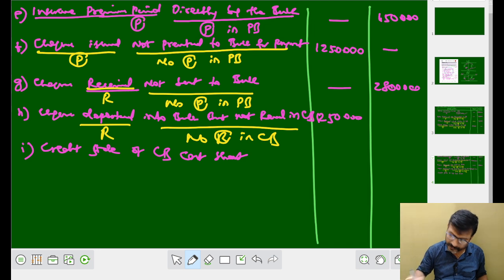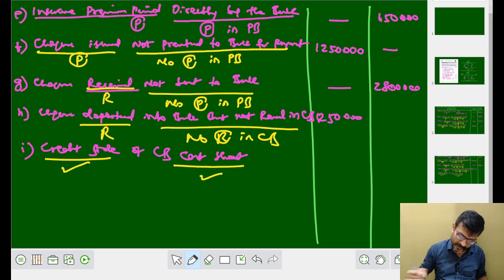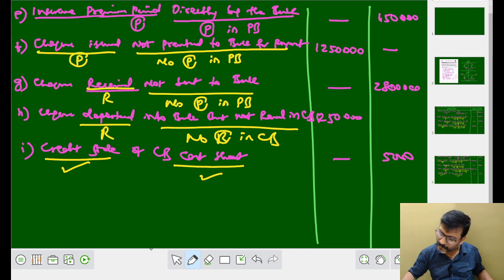What side? Credit side. What happened? Short. Short means same side we have to take. Same side means credit side only with an amount of rupees. How much? That is an amount of rupees 5,000. Shall we move on to the next point of the problem?